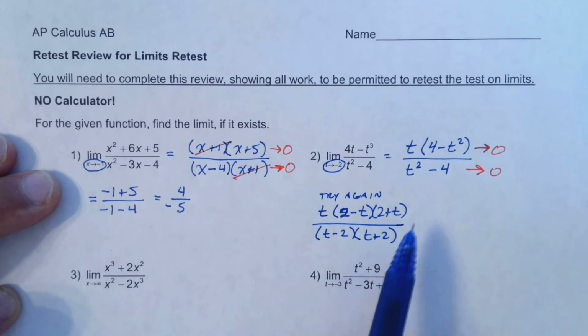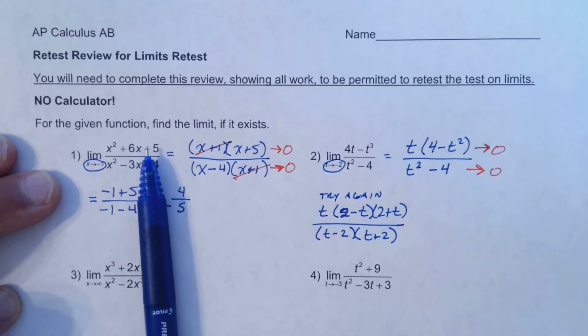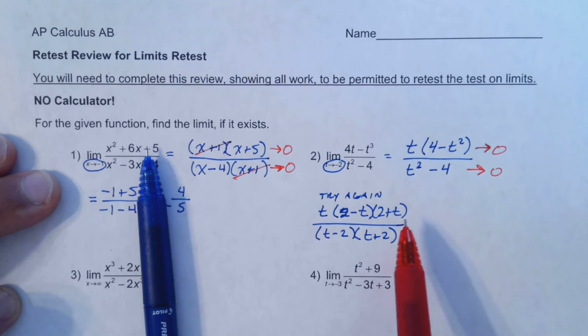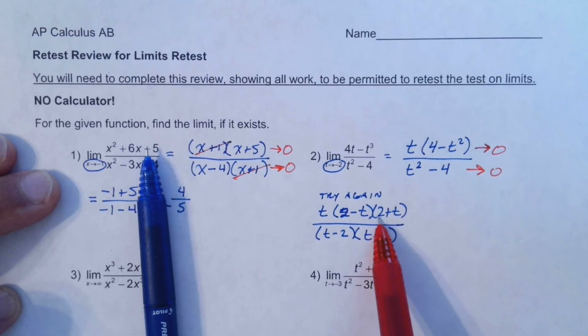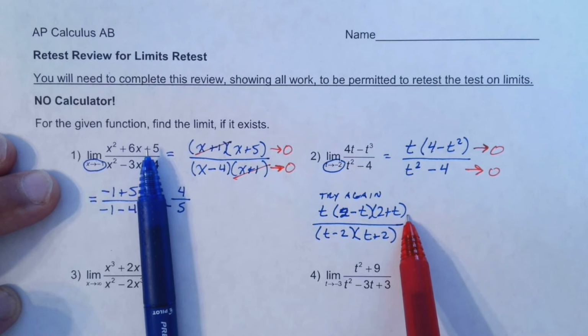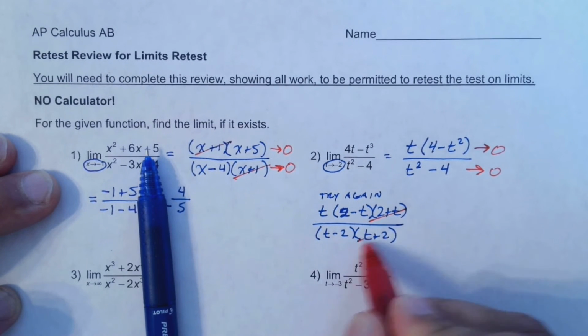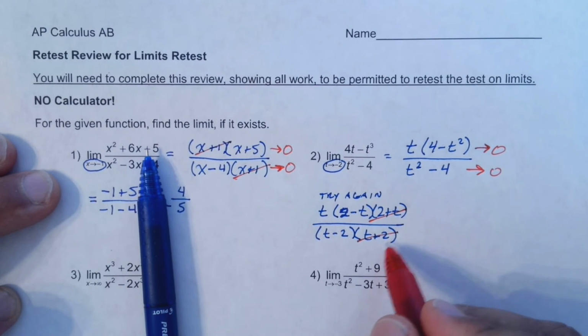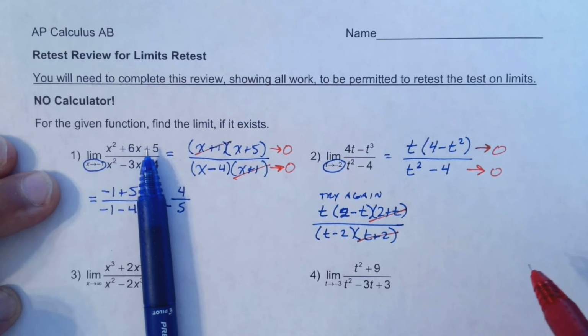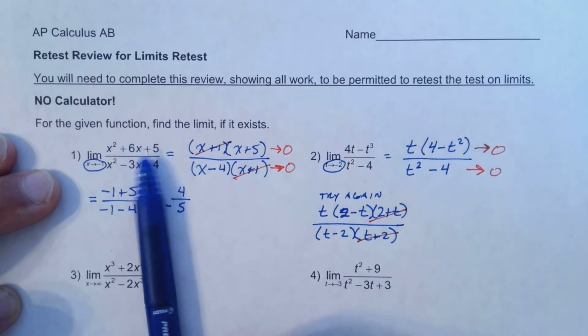All right? So now if I look at my situation, if I substitute in that -2, yes, I have the 0 term here and the 0 term there when I substitute in -2, but they're common. T plus 2 and 2 plus t are common factors, so then I can cancel.